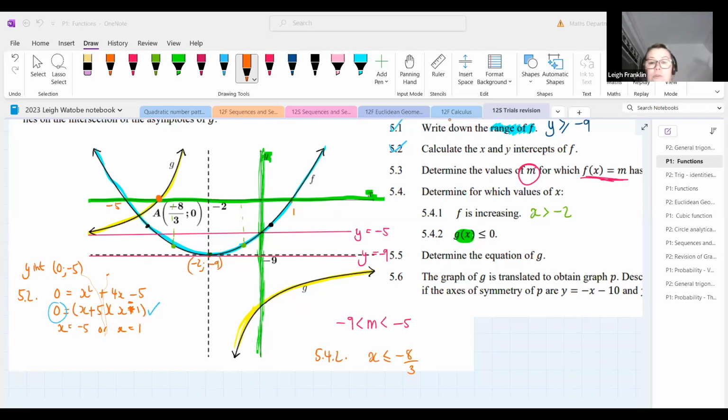So the alternative way of writing this part of the answer would be where x is an element from negative infinity up to -8/3, and then we would have a square bracket. But this is not the whole answer.